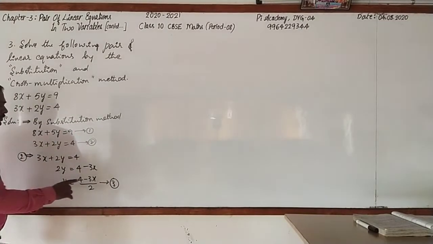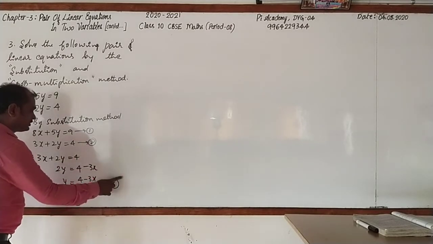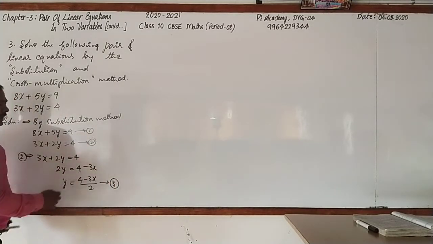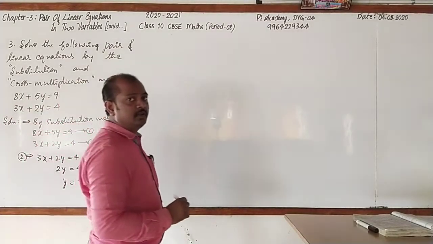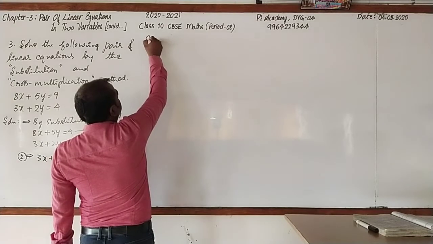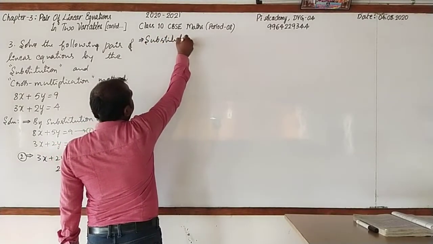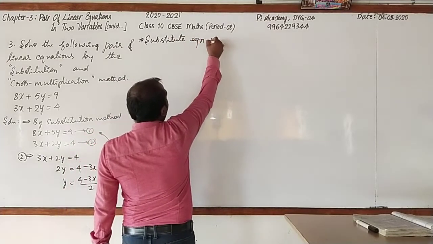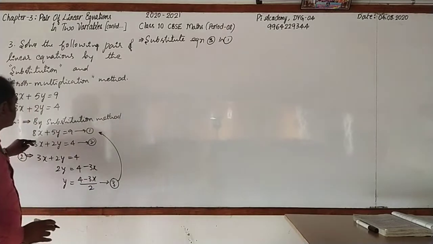Dear students, you can observe that the third equation is obtained from the second equation, right? Hence, this third equation should be substituted in 1. Here I'll write: substitute equation 3 in 1. What is the first equation?